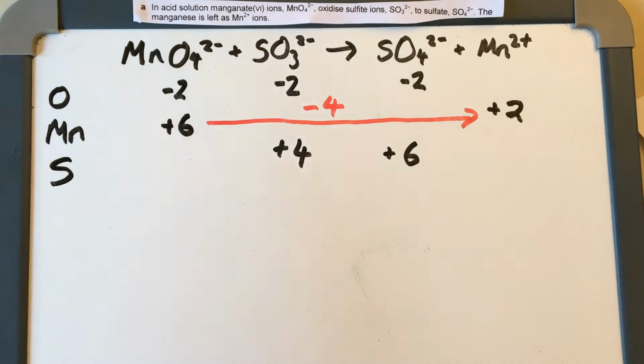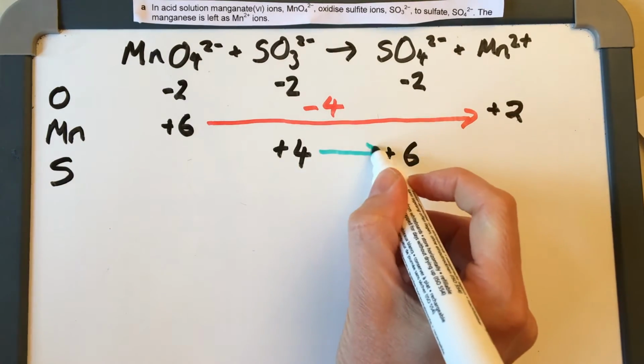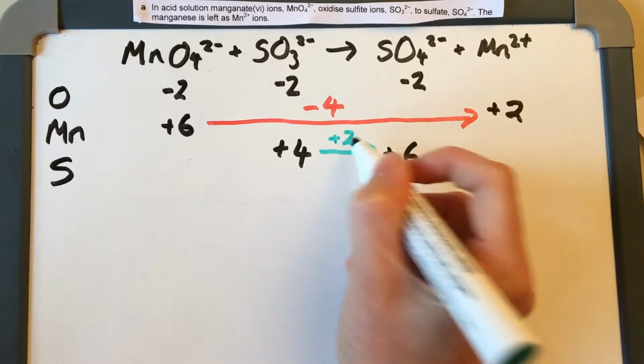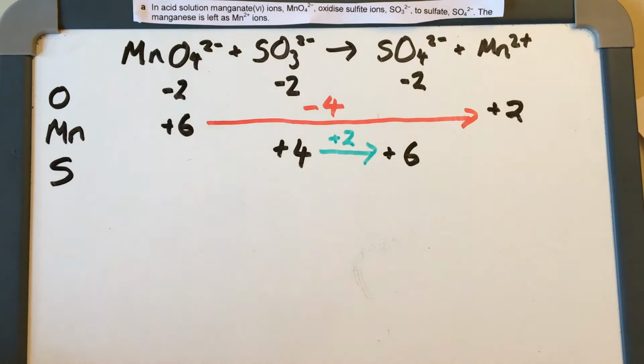And the sulfur has gone up by 2, so that's been oxidized and has lost 2 electrons. So straight away we can see that we haven't lost the same number of electrons as we've gained, and that's not possible. We can't be losing electrons in our reaction, so we need to make sure that we're losing and gaining the same number of electrons.